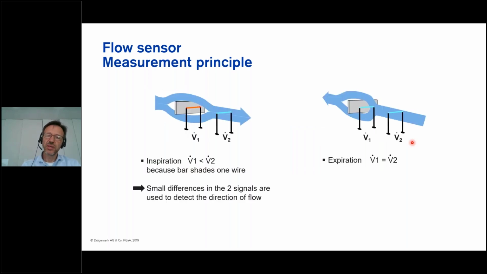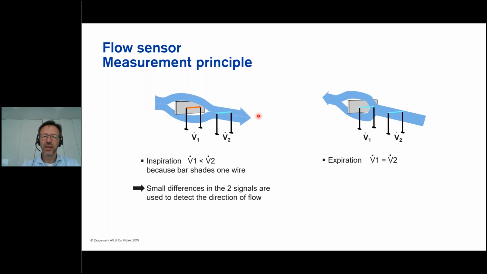However, we need to know not only the flow size, we also need to know the flow direction to differentiate between inspiration and expiration. For this purpose, one of the hot wires is shaded by a very small bar, displayed here much bigger than it is in reality. This bar protects the one wire from cooling down if the flow comes from this direction and goes into this direction.